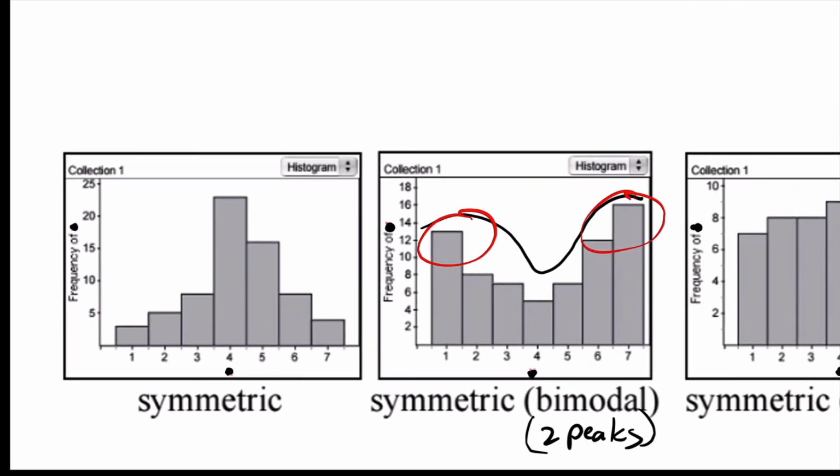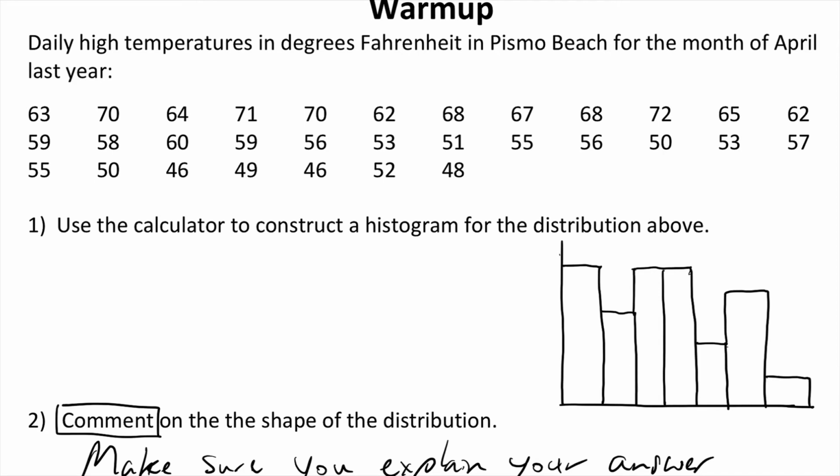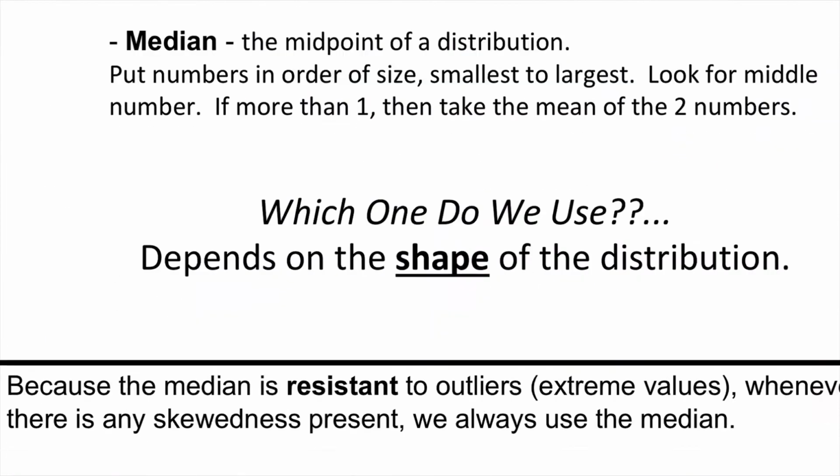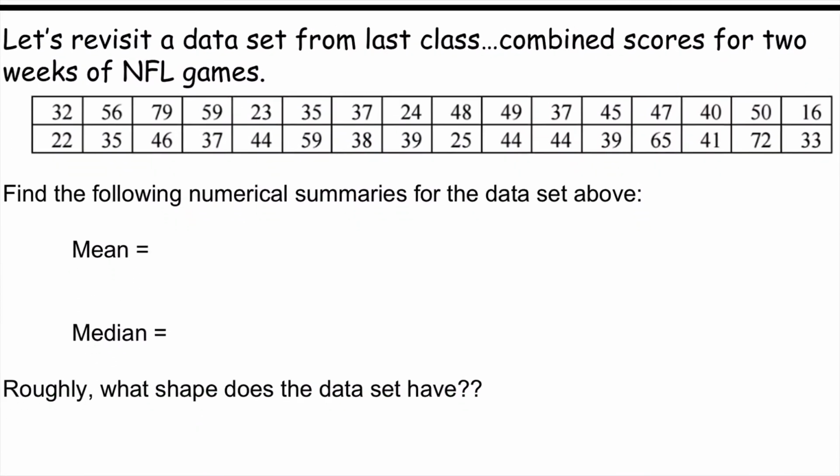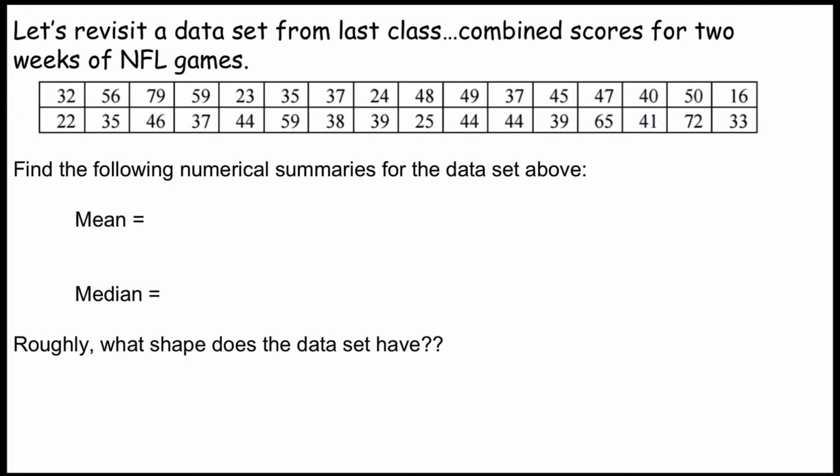And we'll get more into it, about actual specifics and stuff like that. Okay, so what I want you to do now is answer these questions here. Find the following numerical summaries: the mean and the median. And then roughly what shape does the data set have? Don't graph it.